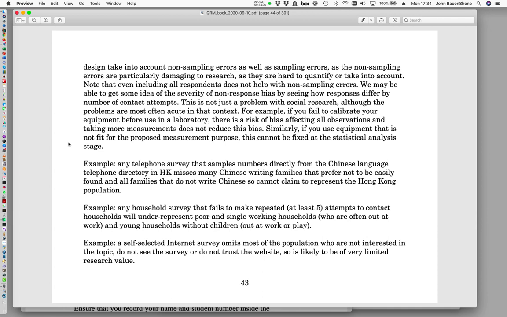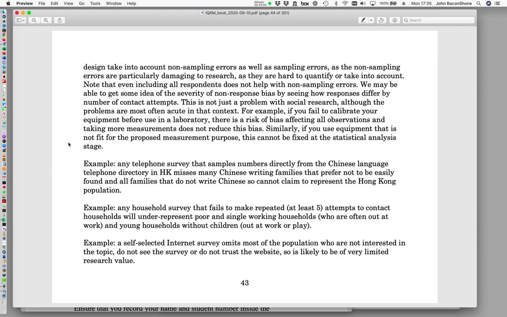Other people might take 2, 3, 4 or 5 calls before we finally get hold of them and they agree to participate. So if there is some bias with non-contact, we would assume that the responses should be different depending on how easy it was to contact that person. So amongst the ones we've ever contacted, can we see a difference depending on the ease of contact? That's one way we could at least get some idea of how serious the problem is.